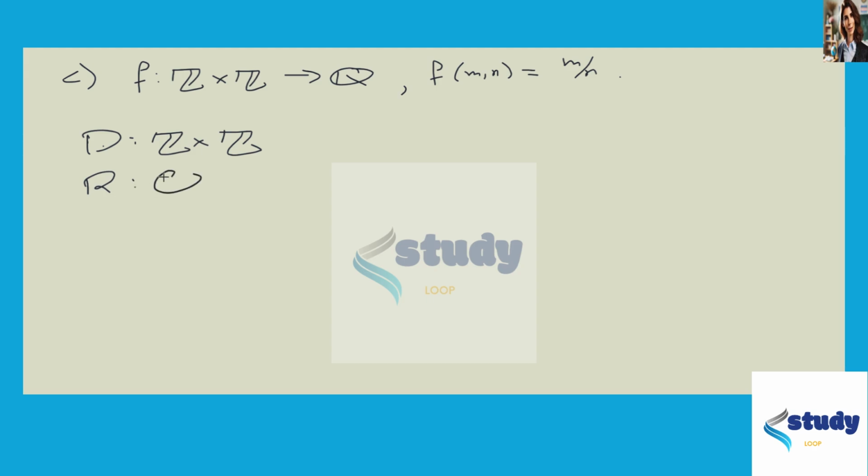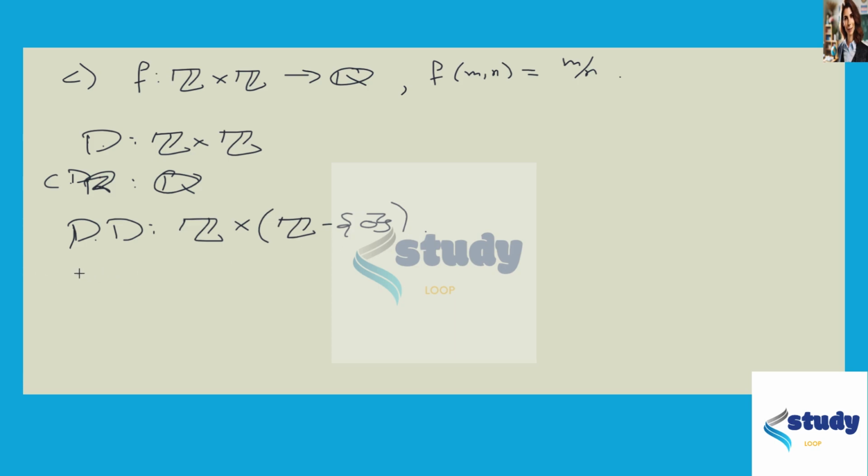Our codomain, what we get out, is the rationals. And for the domain of definition, because we're dividing by n, n cannot be 0, but m can be whatever it wants. So it's the integers times the set of integers minus 0.